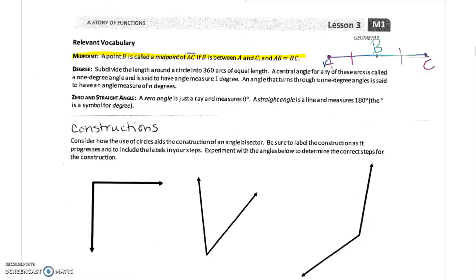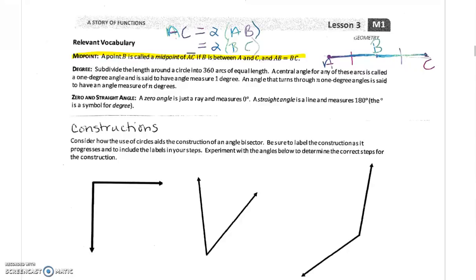I'm going to mark that this segment and this segment are congruent, okay? So just like the equations we had for the angle bisector, you can do those same equations here. So AC, the whole segment, is equal to 2 of one of the small ones, 2 of AB, or 2 of BC.